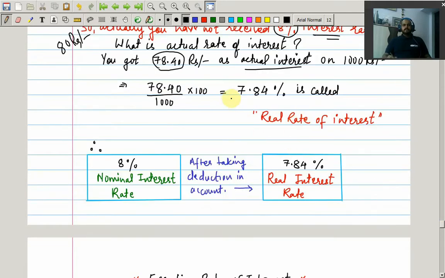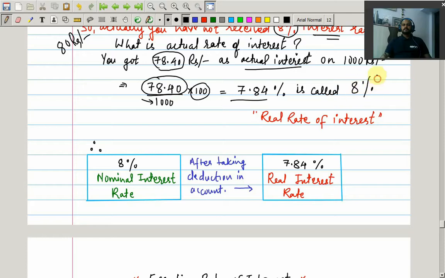So what is your actual rate of interest? How to calculate that? This is the amount you received as interest on the investment of rupees 1000. So just divide it and multiply it by 100. So this is the actual rate of interest.